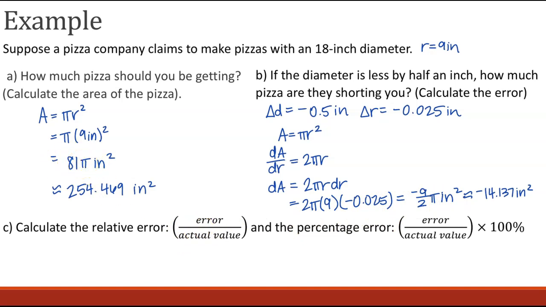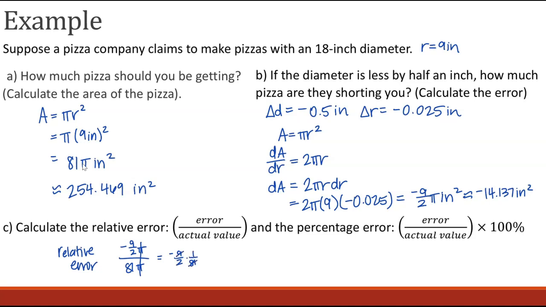So we're going to have that our relative error is equal to negative 9/2 pi divided by 81 pi. So pi over pi is just 1, so that's going to cancel. And so here we're going to end up with negative 9/2 times 1 over 81.